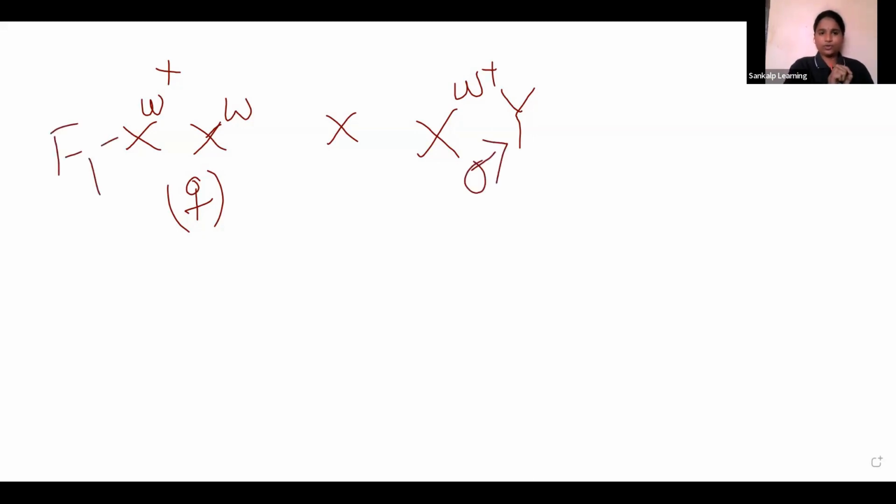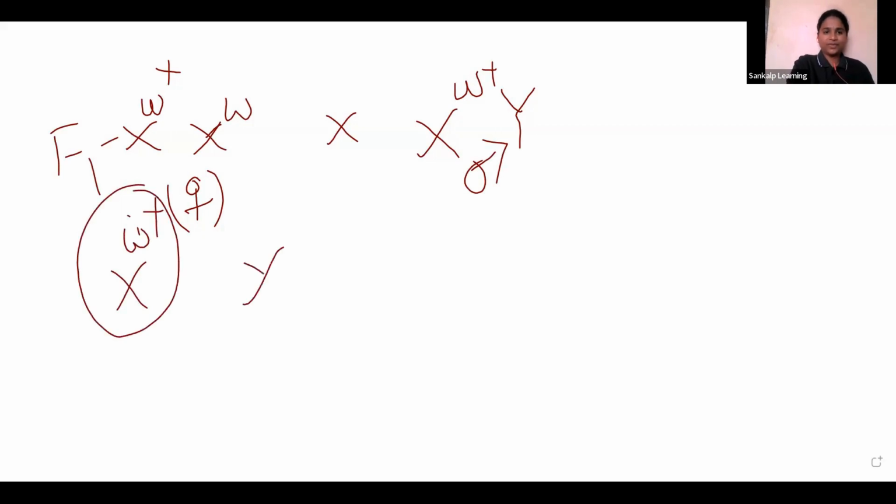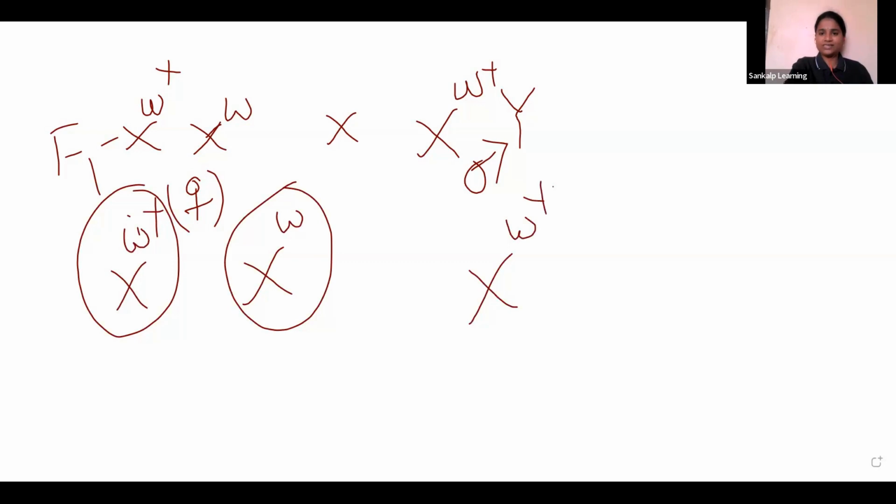The F1 generation we took. So after crossing, how many gametes do we get here? XW plus, this is one gamete. XW, this is the other gamete. Here also XW plus is one gamete. Here also Y.